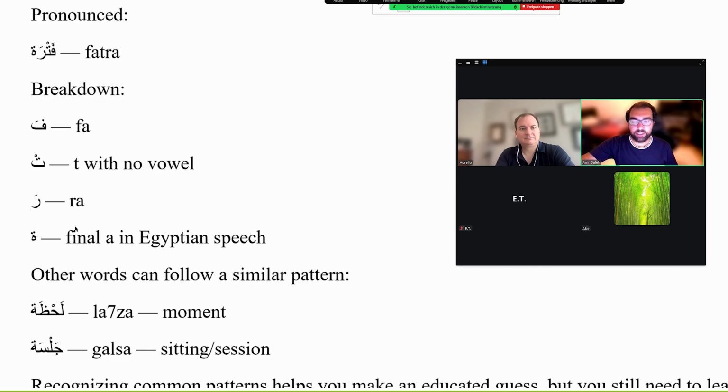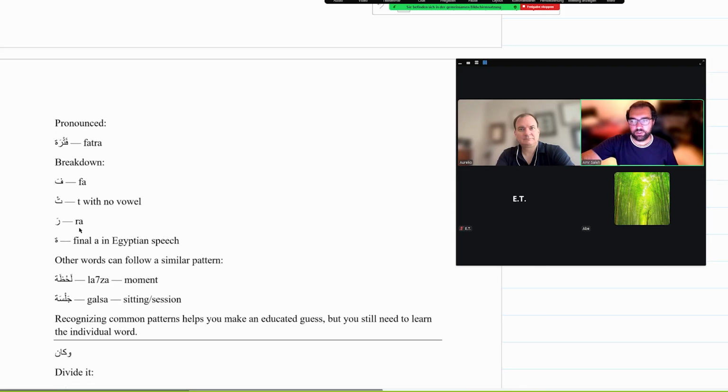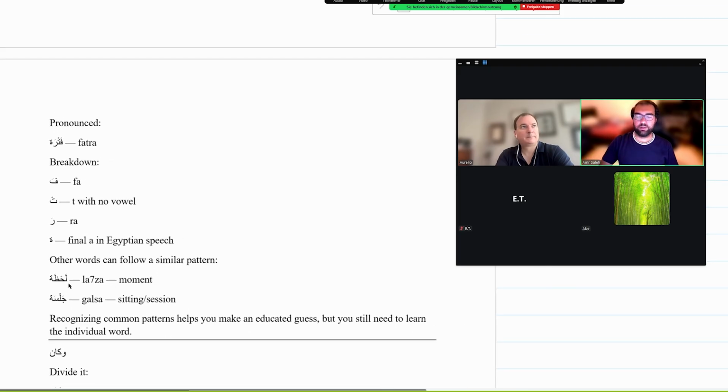But here is what I meant with the patterns. You have words that have the same rhythm. So fatha, lahza, galsa. As you learn more words, you're going to notice that there are words that always have the same way of being pronounced in a sentence. For example, I can say, أنا شفته من فترة.